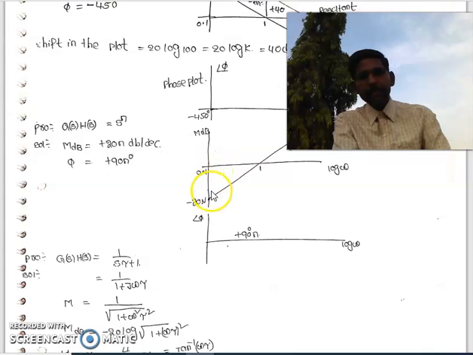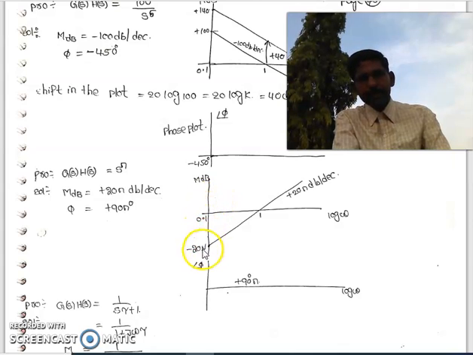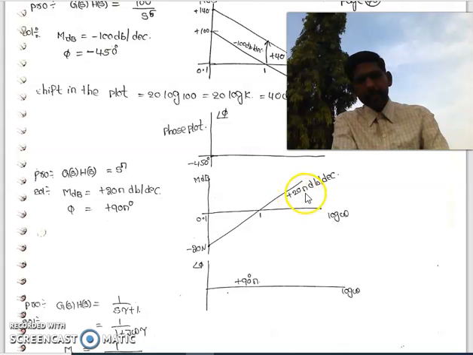You can observe here the magnitude plot: at 1 it is 0, and the slope of this line is plus 20 n dB per decade. The angle is plus 90 n degrees.